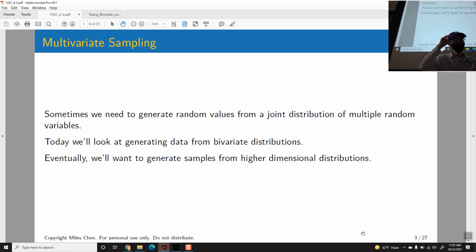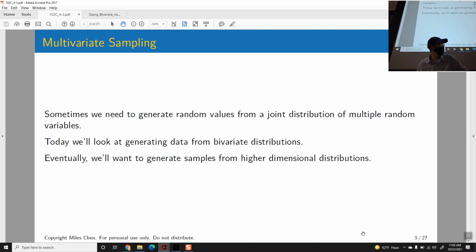We're just going to touch barely on this for now. We'll look at some very basic examples: a multivariate discrete distribution and a bivariate normal distribution. And that's about all we'll say about it for now. Later on in the course, we can talk about generating values from more complicated multivariate distributions.